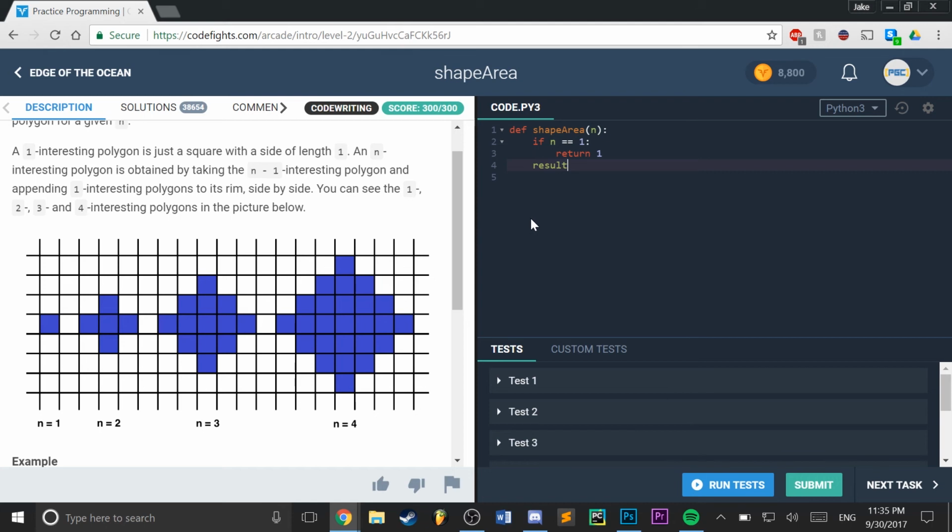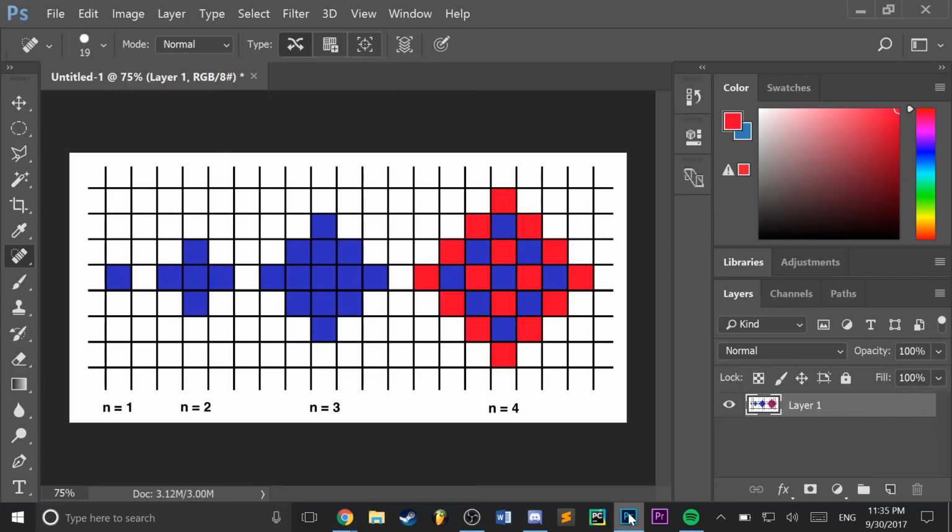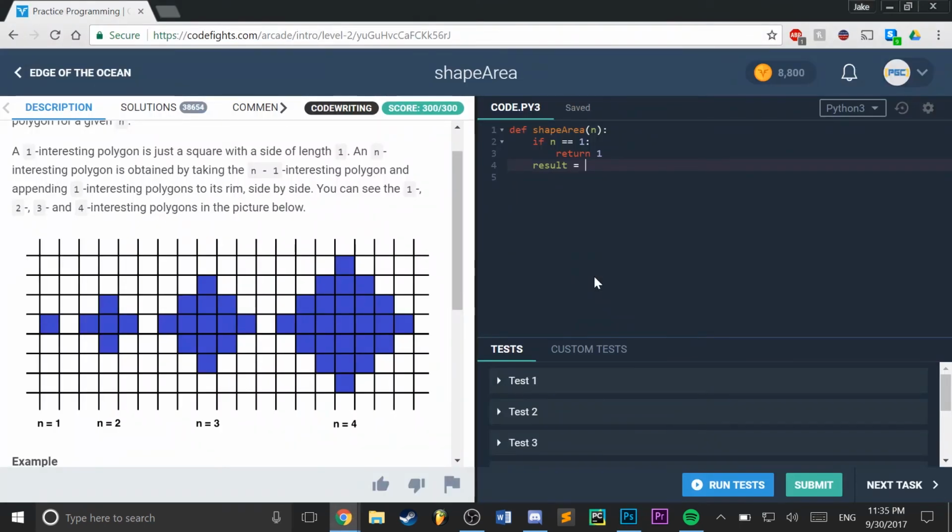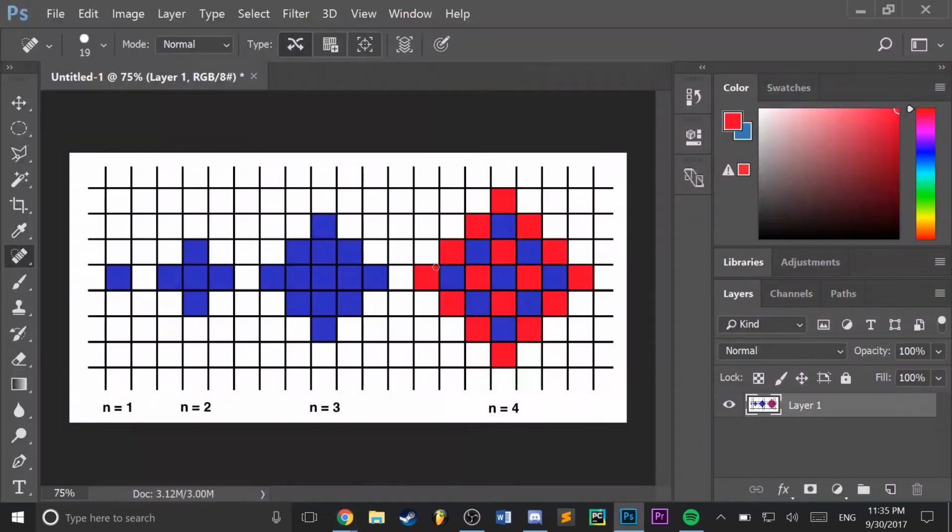So if we say that result is equal to, and if we look back here, we said there were n diagonals with n squares in them. To express that, we would say there are n rows, those are the red ones, with n squares in them. So that takes care of the area of the red areas.